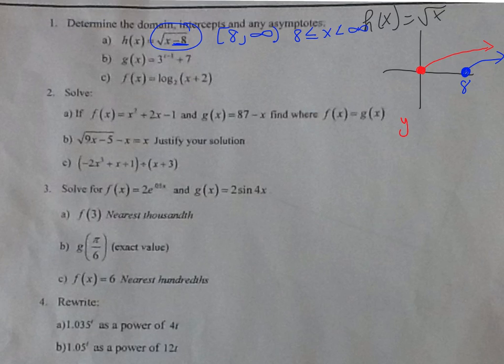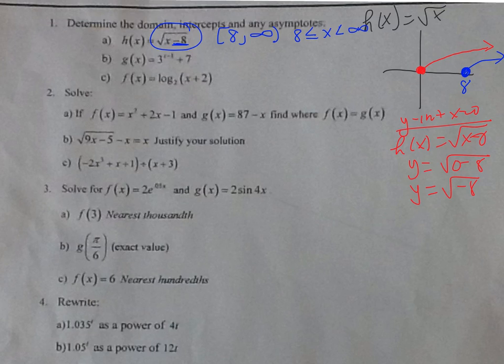Remember, the y-intercept, x would be equal to 0. So if I take h of x and do the square root of x minus 8, and I make my x equal to 0, I would get y equals the square root of 0 minus 8, and then I would get the square root of negative 8. And that's an imaginary number. That is not on the number line, so it does not cross the y-axis.